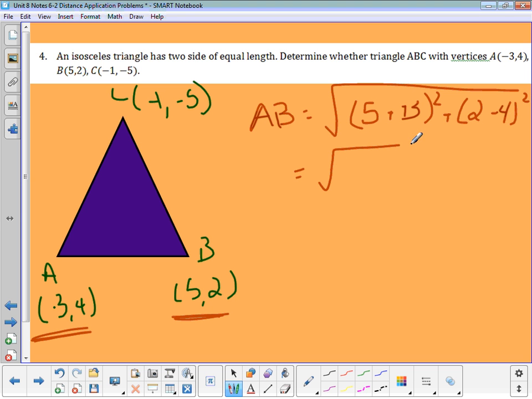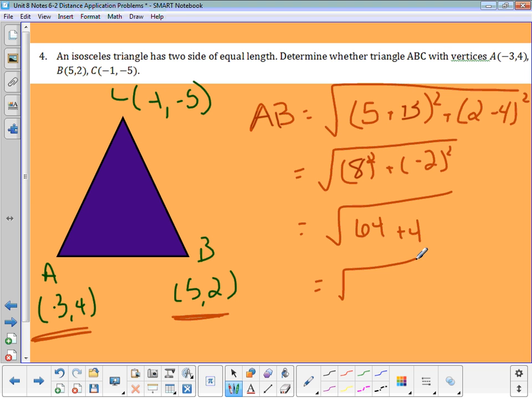So I'm going to keep simplifying, so I get 8 squared plus a -2 squared. It's good to keep those in parentheses. So then you get 64 plus 4. So that's going to give us square root of 68 for A.